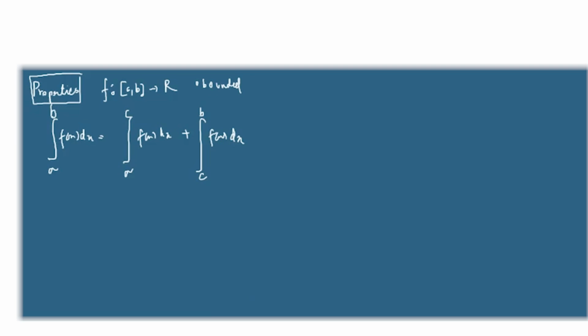Okay, you can write like this if f is bounded and c is an internal point and f is integrable, then we can write like this. It's an if and only if. So if we can write like this, then also f is integrable on this. Okay, that's the idea. So this is property number 1.